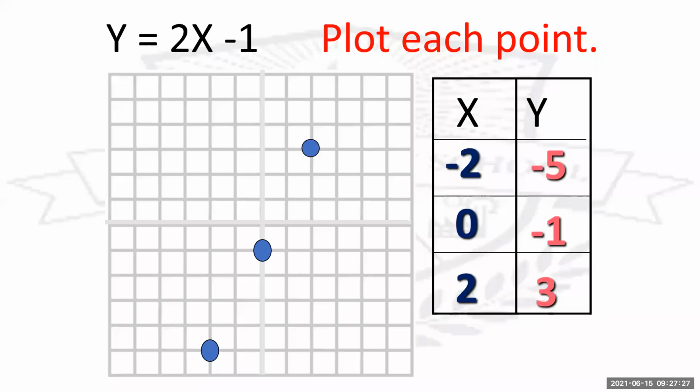Next is 2 comma 3. 2 is positive, so we'll move 2 places right, and then 3 places up. So you'll get the point 2, 3. Now we'll join this line. So this is the graph of the equation y equals 2x minus 1.